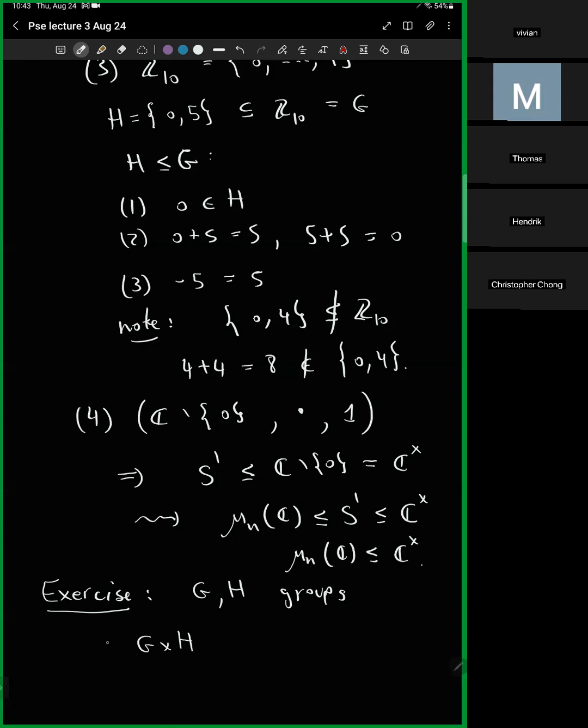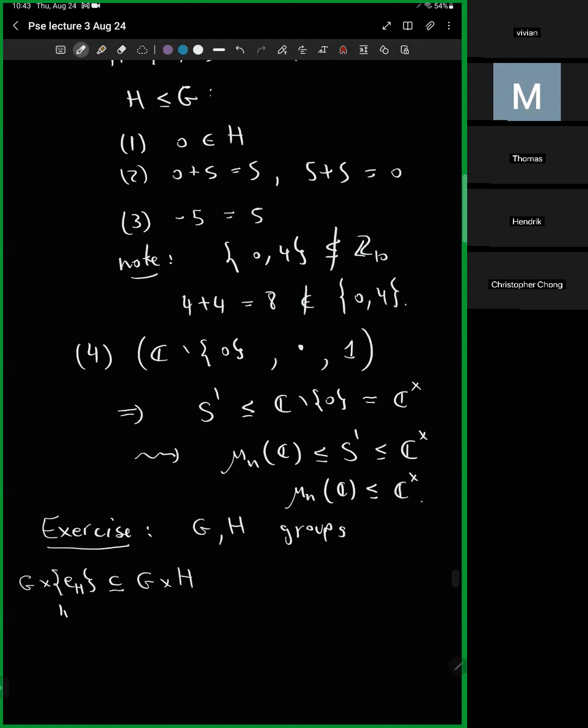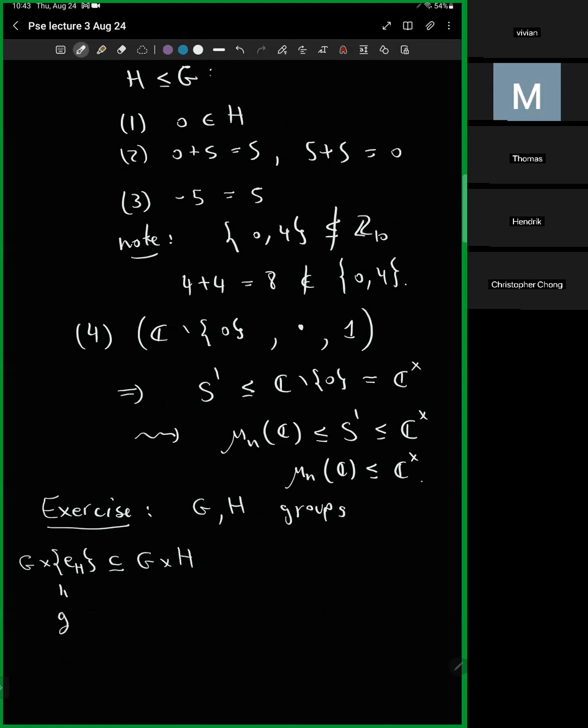Now here, inside the Cartesian product, you can look at a subset of the form G times the neutral element of H. This is simply a notation to say it's the set of all pairs of the form (x, e_H), where x is in G. Then G times e_H is going to be a subgroup of G times H.